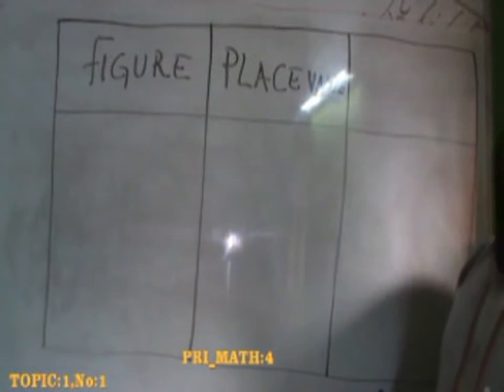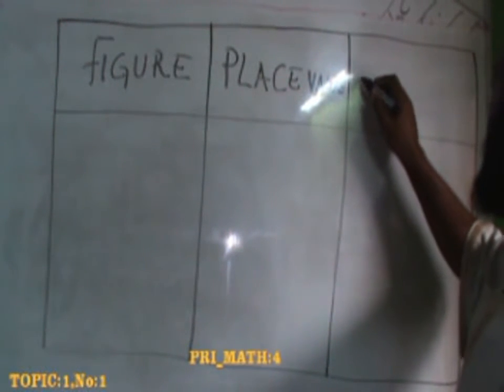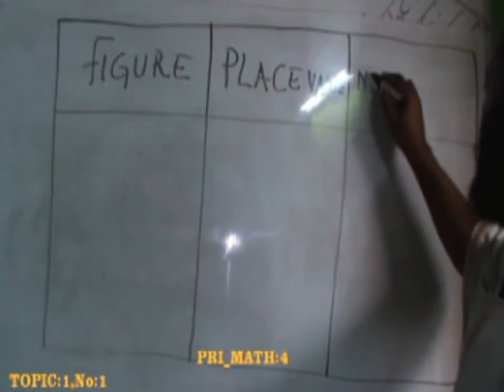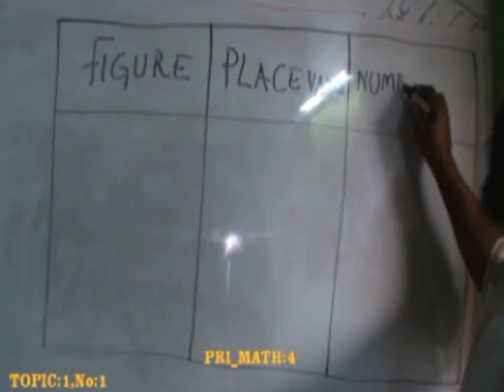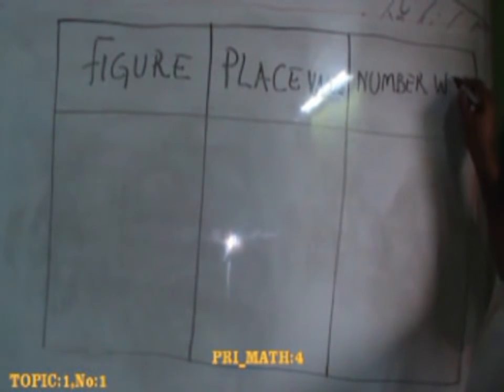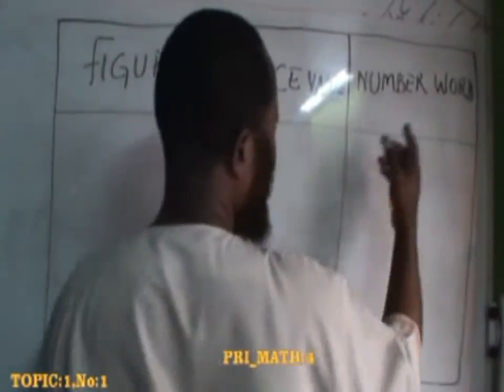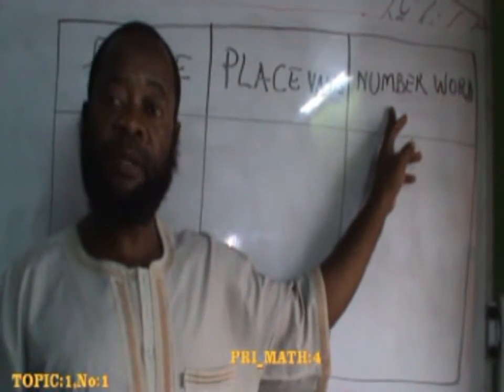And the last one will be for number word, I mean letter representation.